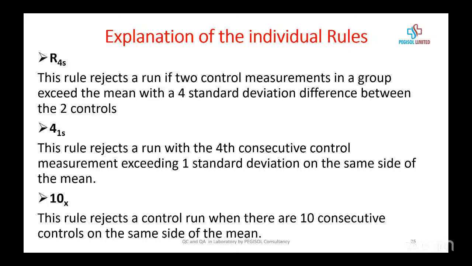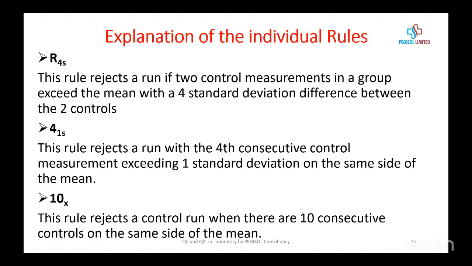R-4S rule: this rule rejects a run if there are two control results in a group that exceed the mean with a four standard deviation difference between the two controls. I will show you that in the graph. Now, this rule, which is 4-1S, rejects a run when four consecutive control measurements exceed one standard deviation on the same side of the mean.